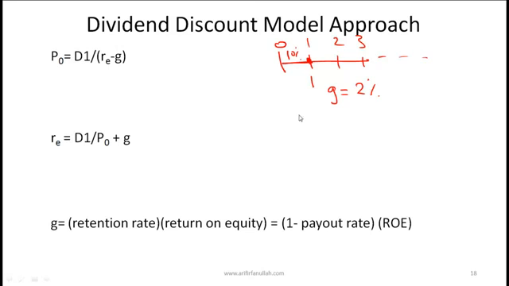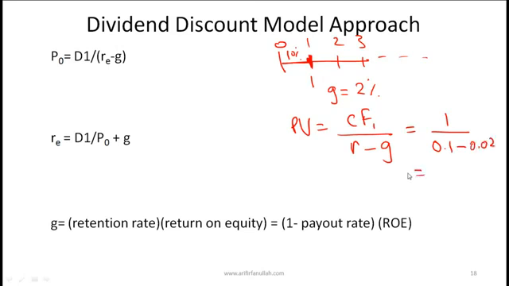Then the present value of a growing perpetuity is equal to cash flow 1 divided by discount rate minus g, which is the growth rate. So in my simple example, cash flow 1, which is the cash flow at the end of period 1, is 1, divided by the discount rate, which is 10%, so that is 0.1, minus the growth rate, which is 2%, so that is 0.02.